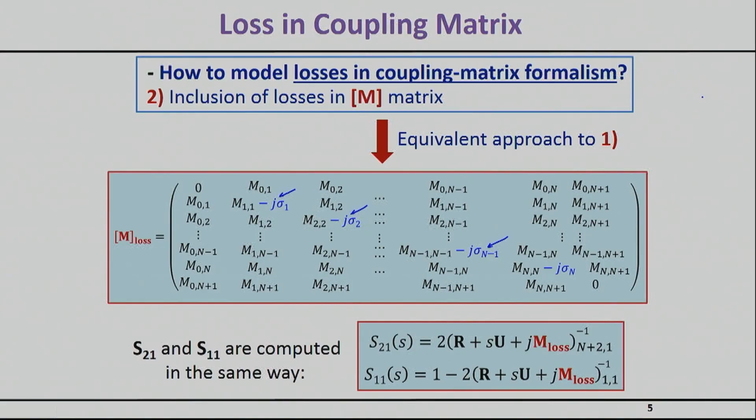Remember that the diagonal, before we discussed loss, used to have these self-resonant, let's call them coefficients, that if you remember from the previous discussion, are related to the ability to do asynchronous tuning, meaning that you can have an offset in frequency for each resonator, and this is captured by the diagonal element. Now, by putting this negative j sigma in each one of them, you can also introduce loss if you would like.